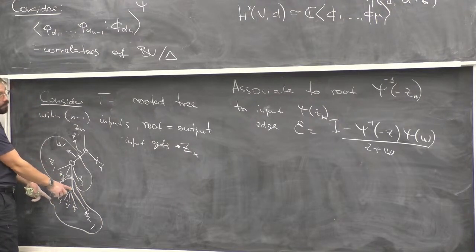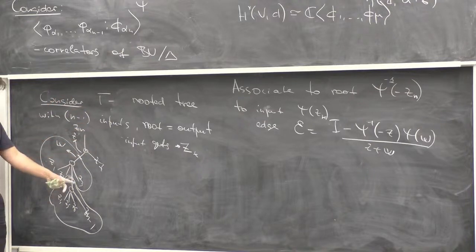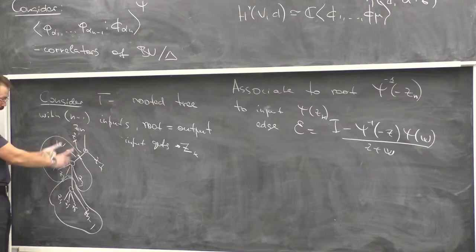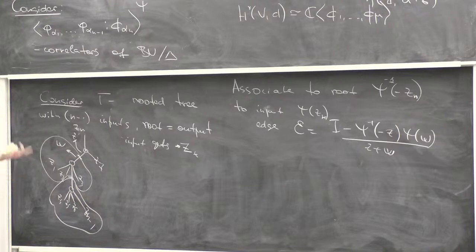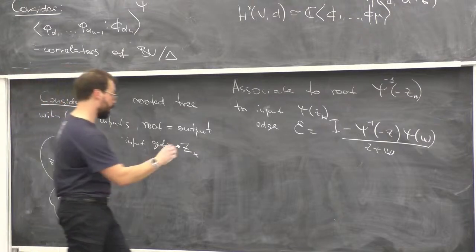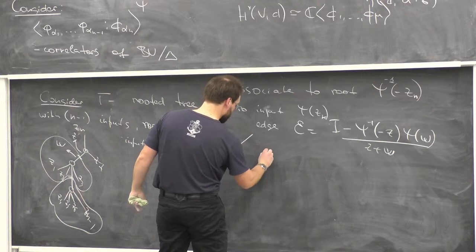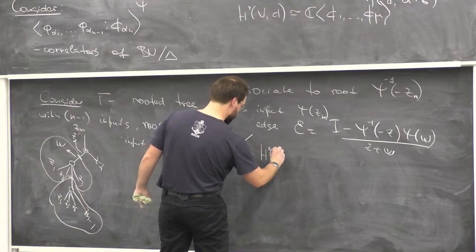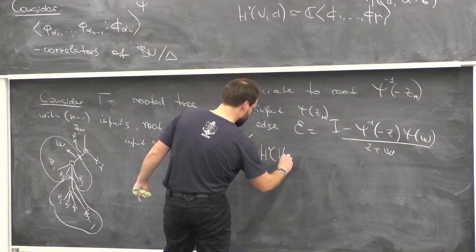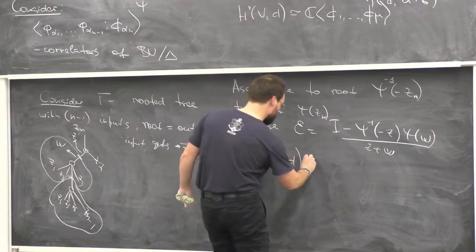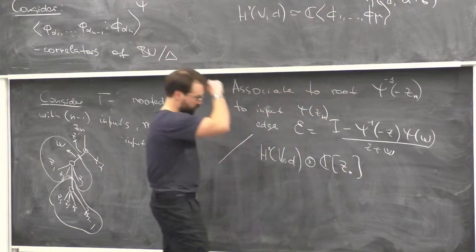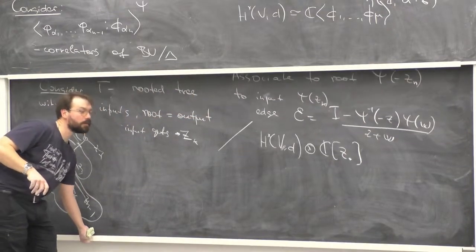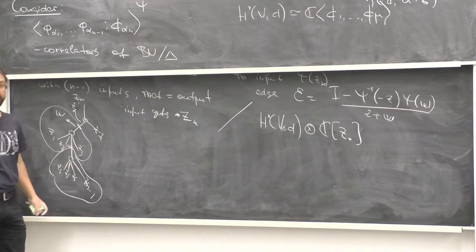It gives me an element of the cohomology ring multiplied by these z's to different powers. I give it further to the next vertex. Once again, I multiply, and I get once again an element of the cohomology ring multiplied by a bunch of z's. So finally, I get an element of the cohomology ring of Vd multiplied by some z's. It's for every tree, yes.